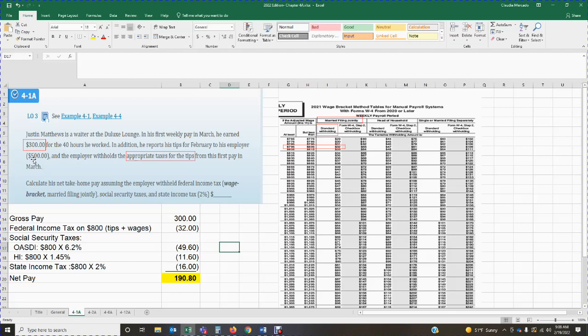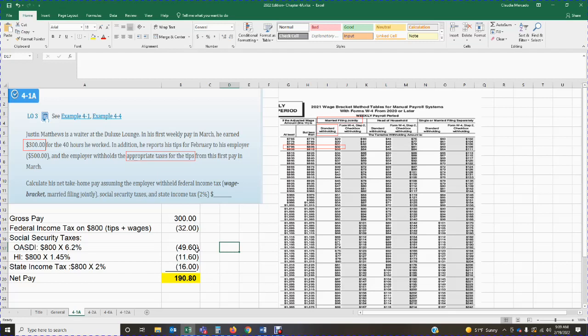So we're going to withhold taxes on the wages and on the tips. And this is all of the withholdings for both the wages and the tips. The employee this paycheck earned $300, but they're only taking home $190.80. That will cover all of the taxes that needed to be withheld for both the wages and the tips.